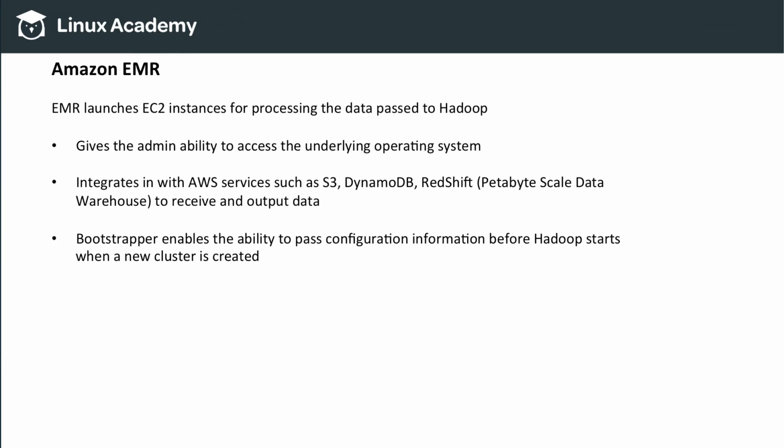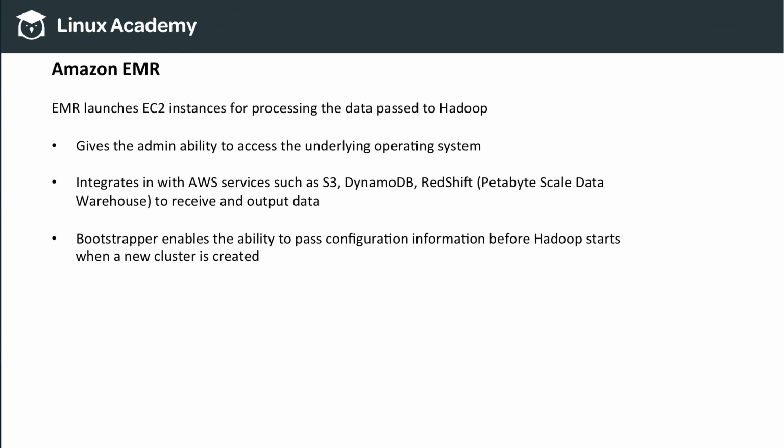A few key things about EMR: EMR launches instances for processing of the Hadoop software. In fact, all EMR does is launch a pre-built Amazon machine image with the Hadoop software on it. What does this mean?